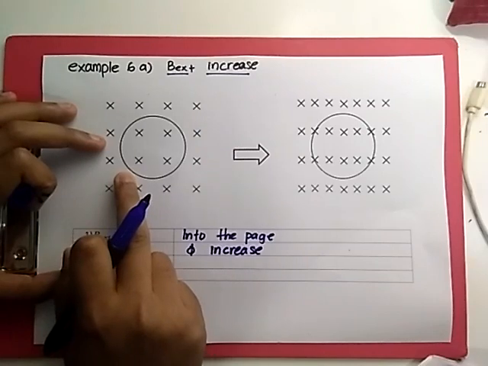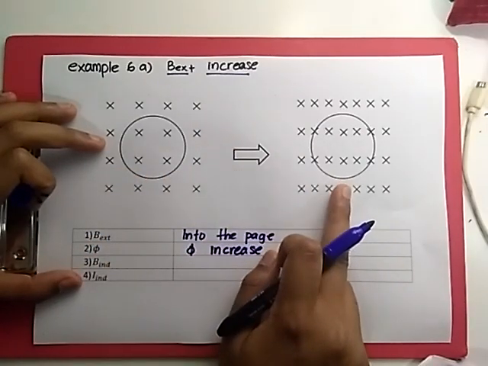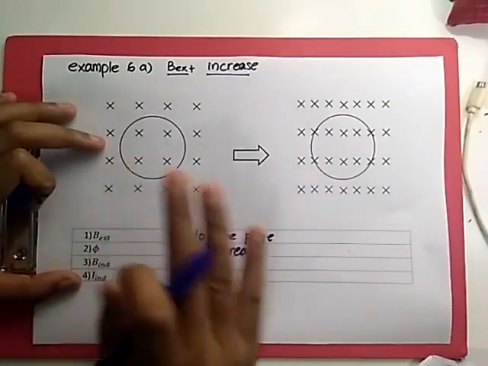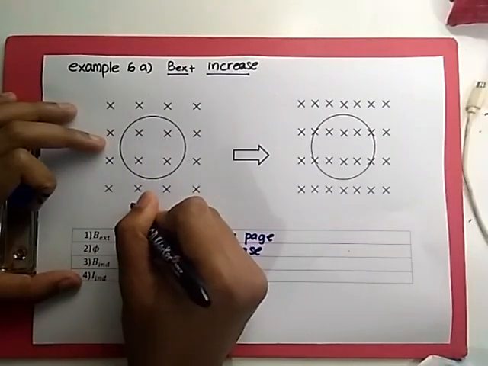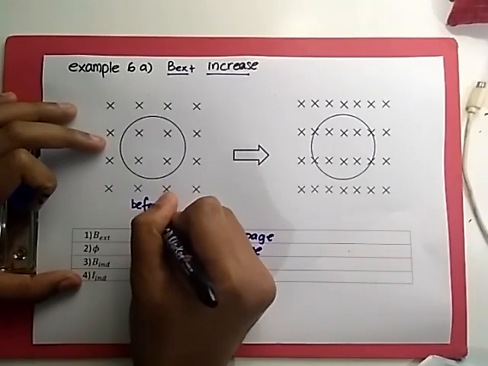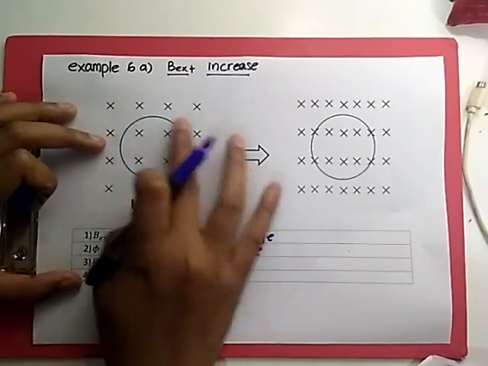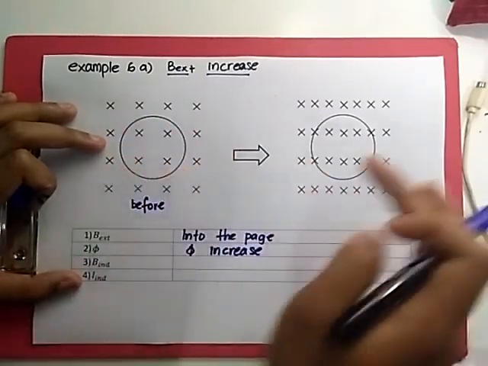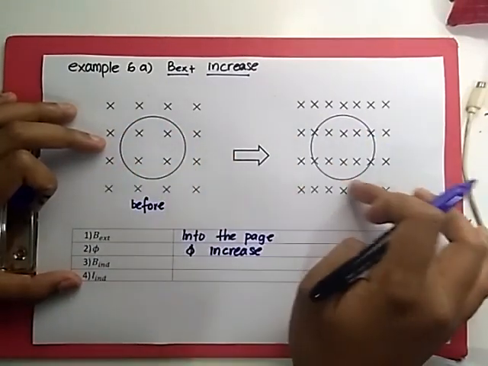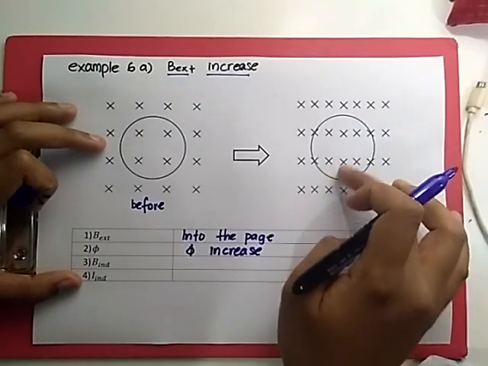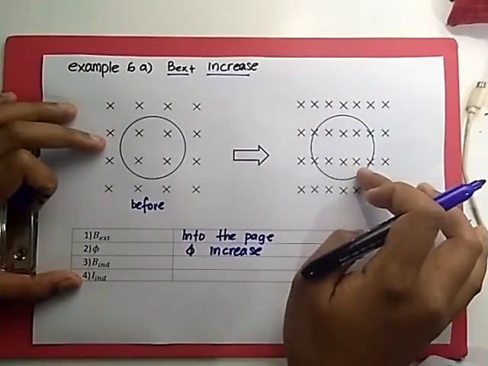Now, graphically kita boleh nampak daripada diagram ini, pada diagram yang pertama, number of magnetic field lines dalam area ini ada 4, manakala dalam gambar yang kedua, number of magnetic field lines increase.